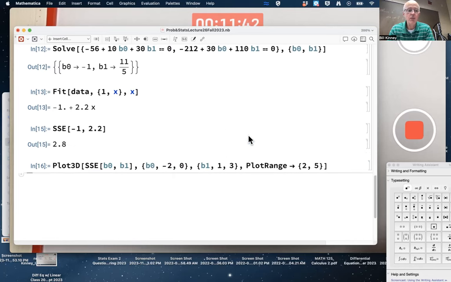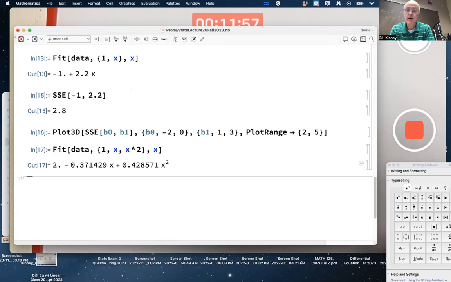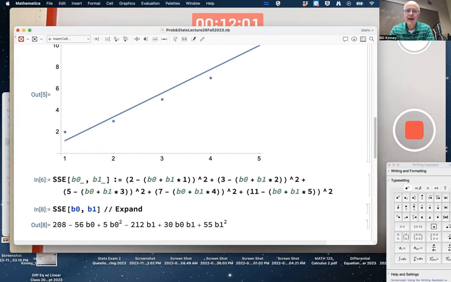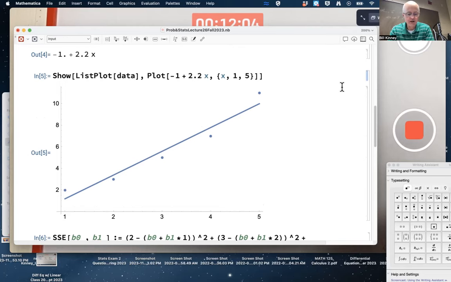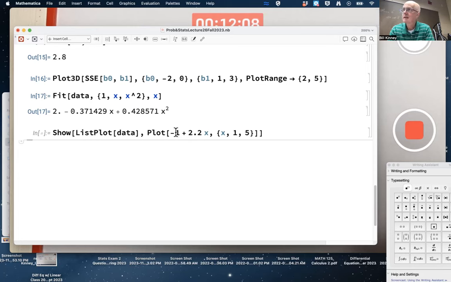Maybe I should try a parabola fit. I could still use Fit with data, but then instead of putting {1, x}, I'd put {1, x, x^2} to say I want a linear combination of those 3 functions, x still being the variable, and now I get a quadratic function. And that evidently would be the quadratic function of best fit for these data, the least squares quadratic regression. Plot this function.